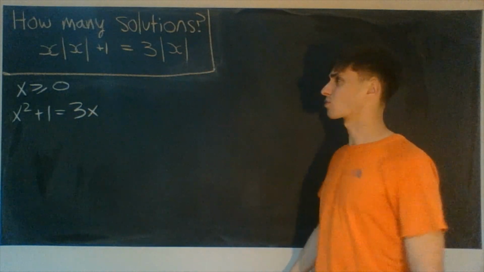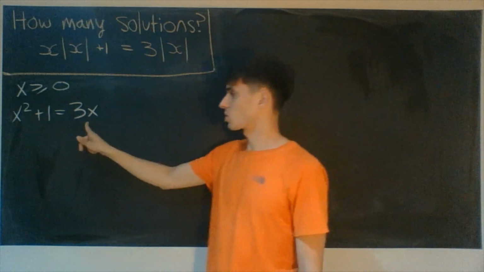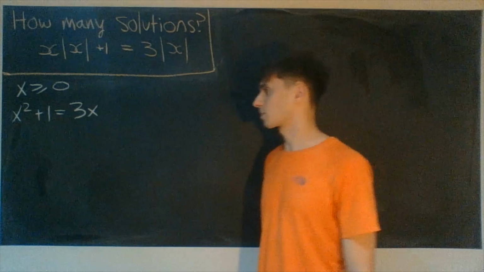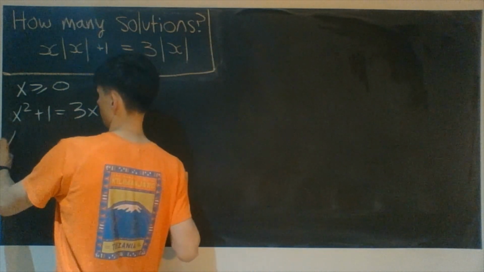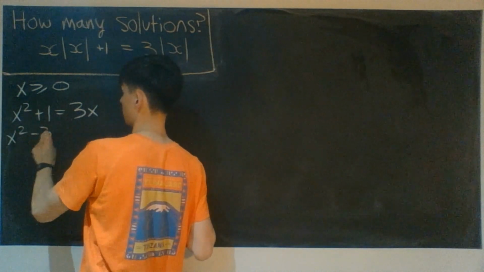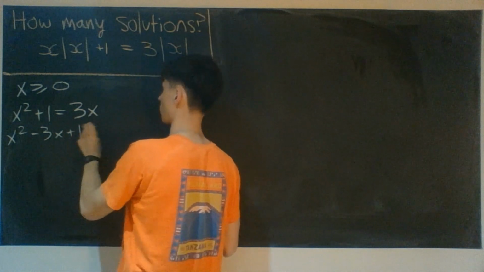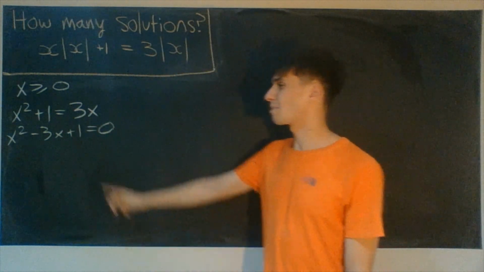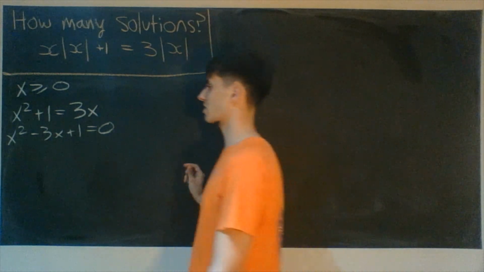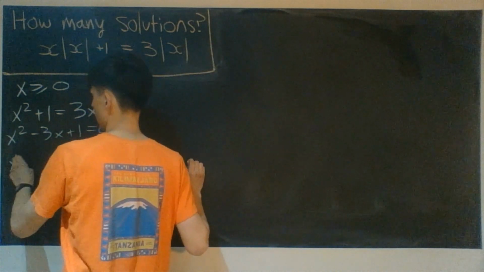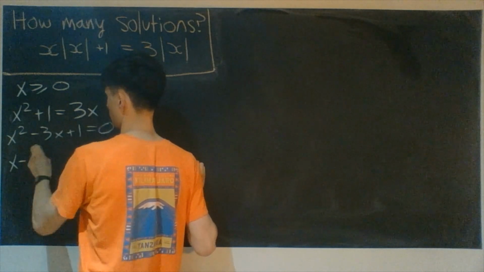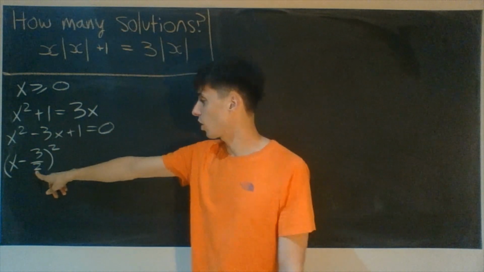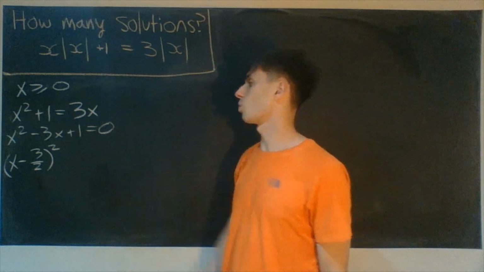From here there's really nothing crazy. We would just like to solve this quadratic to find values of x. So let's try it. x squared minus 3x plus 1 equals 0. Then completing the square, because we can't factorise this nicely, x minus 3 over 2 squared, minus 9 over 4 plus 1.